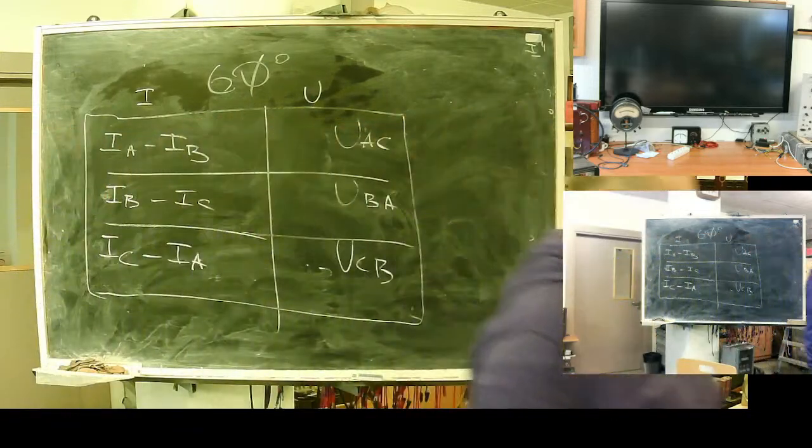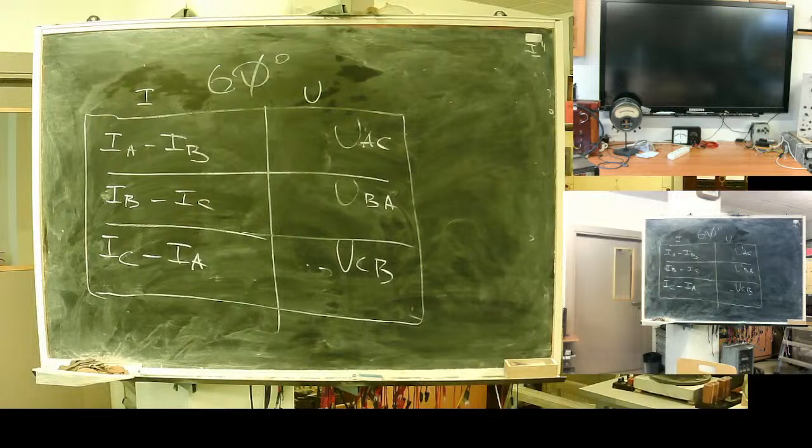More sensible, but write it with the capital. 60 degrees schematic becomes unreliable if you have delta star transformers.